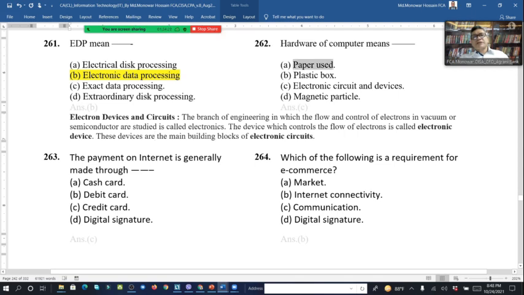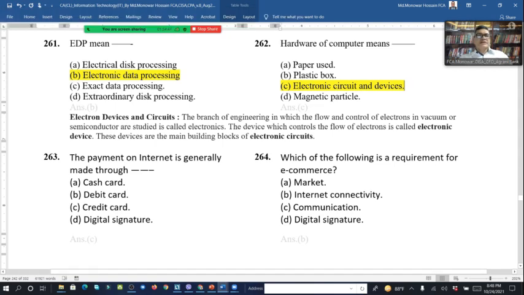What is that? Paper, plastic box, electronic circuit and devices, magnetic? But the answer is electronic circuit and devices. So hardware of a computer means electronic circuit and devices.